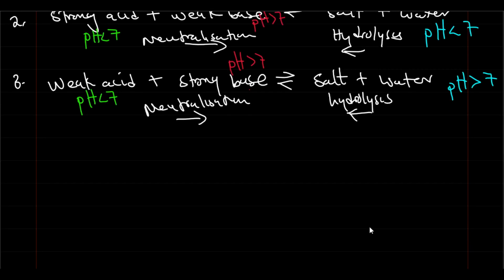Now you'll notice that the hydrolysis of a salt that has resulted from the reaction of a strong acid and a strong base does not happen, because the neutralization reaction of strong acid and strong base is irreversible. Okay, so it's not going to happen, that one.